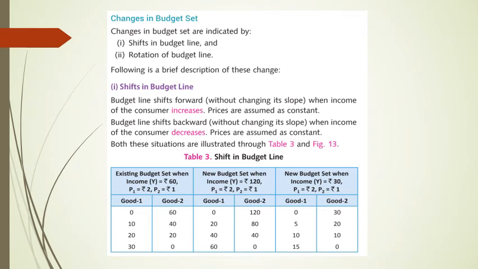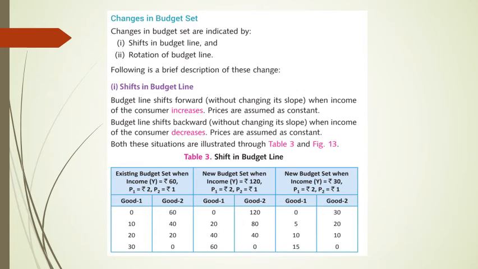Budget line shifts forward when income of the consumer increases while price remains constant, and budget line shifts backward when income of the consumer decreases. This is explained with the help of table as well as diagram.